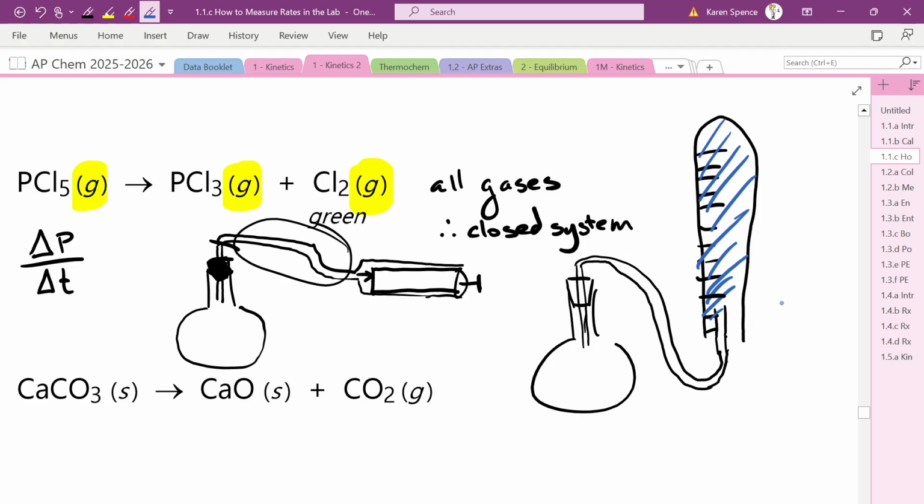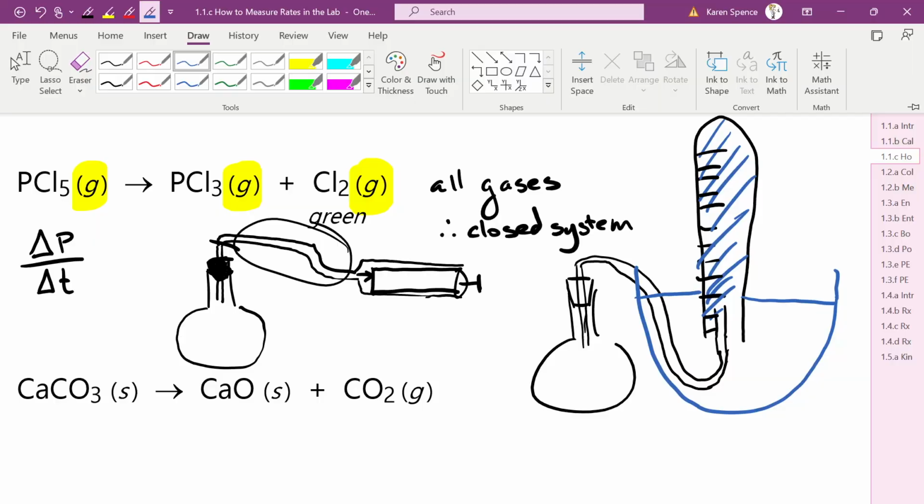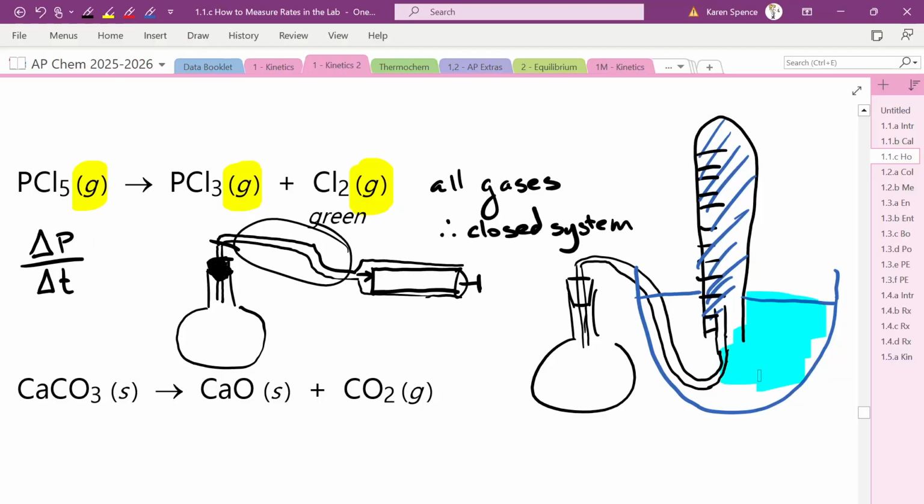Right? And then this is in a container, maybe a big bowl that has water. Right? And then as it produces more gas, we will get bubbles.